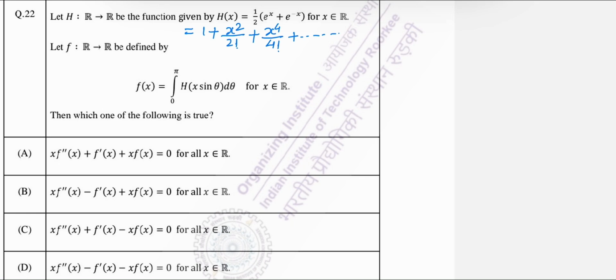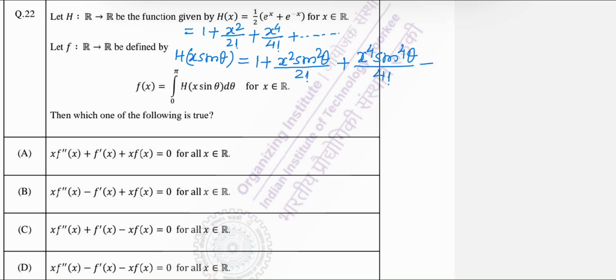So inside the integration sign, there is the exponential of x sin theta. We can evaluate this one, and this will accordingly be 1 plus x square sin square theta by factorial 2 plus x to the power 4 sin to the power 4 theta by factorial 4, and so on.